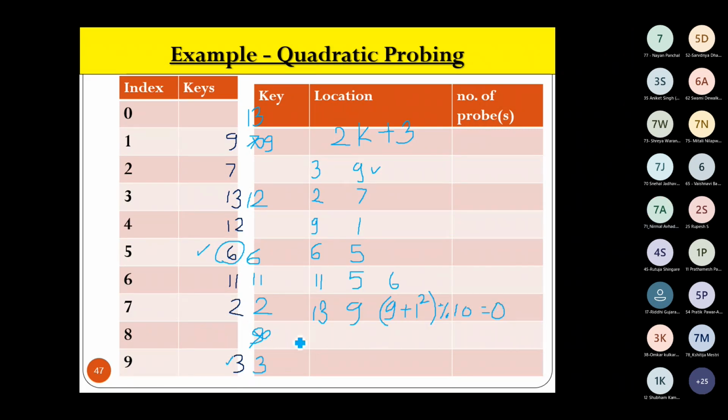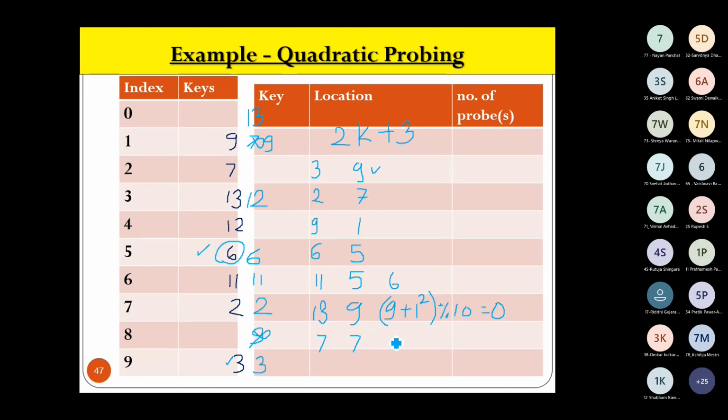Okay. Now the next element is 7. 2 into 7 plus 3. 2 into 7, 14 plus 3 is 17. 17 mod 10 is 7. So 7 should be placed at index 7. But 7 is already occupied by this, right?